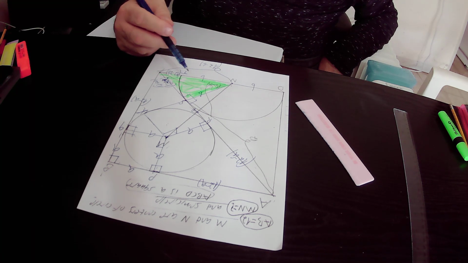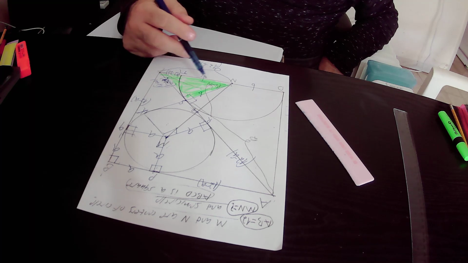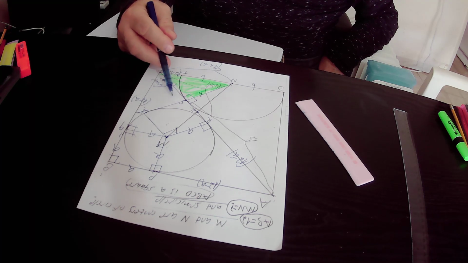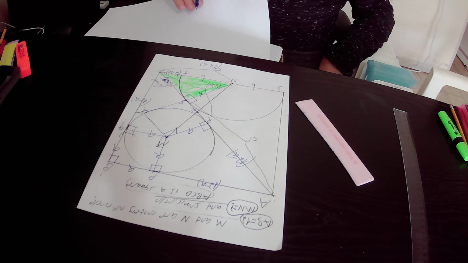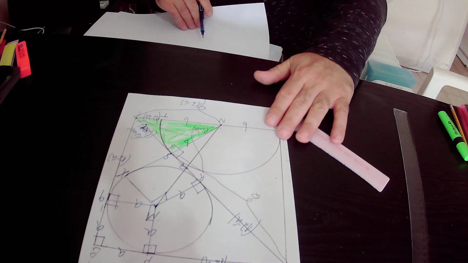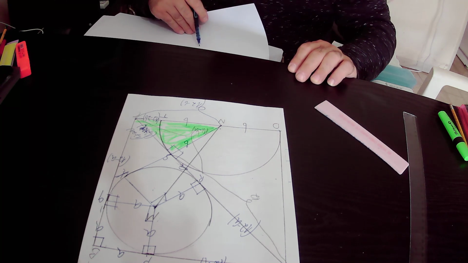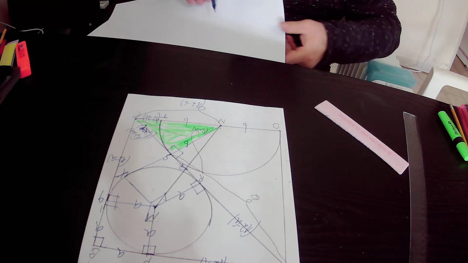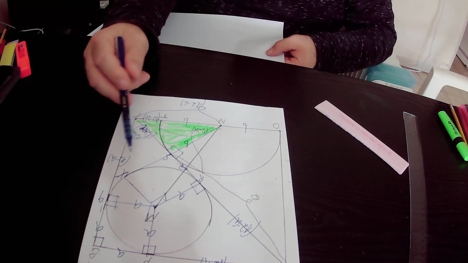Okay? When you extend a straight line by a straight line, it also still must be a straight line. So NX is a straight line. I'll write it down. NX is a straight line.